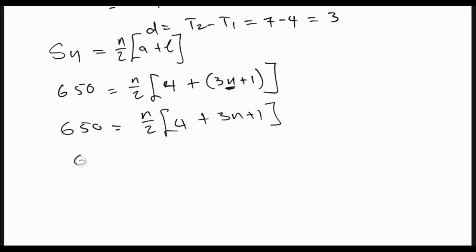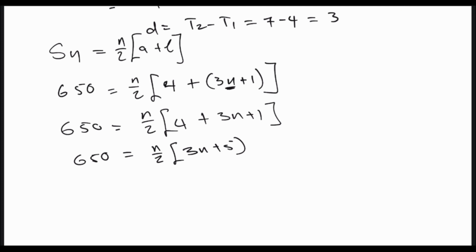So let's solve the inside. 650 is equal to n over 2 times, that's 4 plus 1, that's equal to 3n plus 5, right? So let's multiply out these 2 on the denominator, and then we multiply it out.